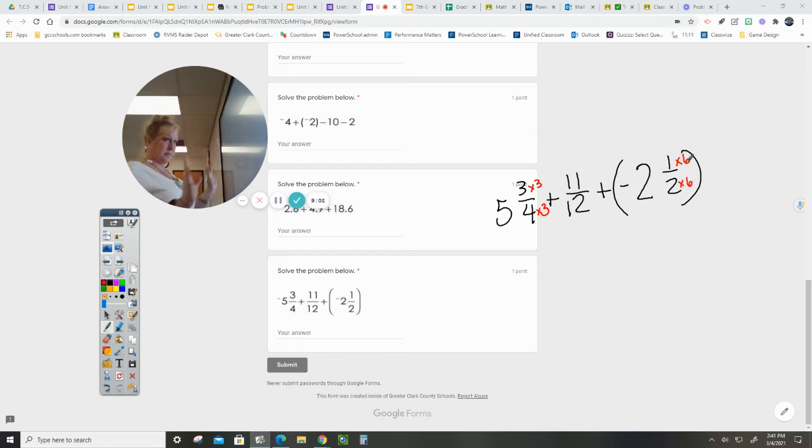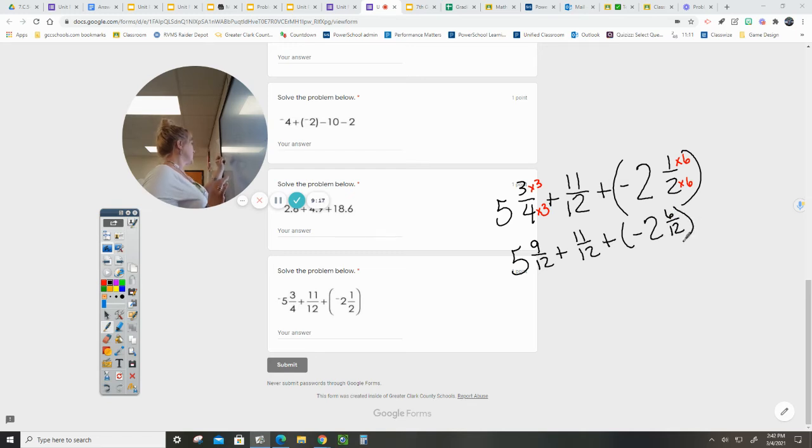Okay. All right. Good. So now I'm just going to multiply what I did. 9 over 12 plus 11 over 12 plus -2, 6 over 12. All right. We're good. So now I'm just going to add some numbers.